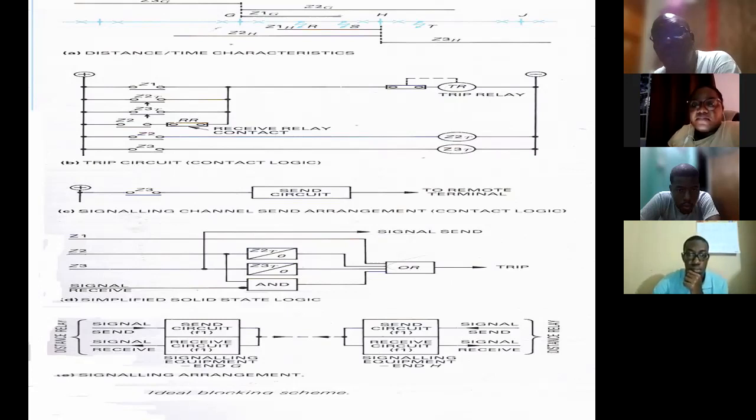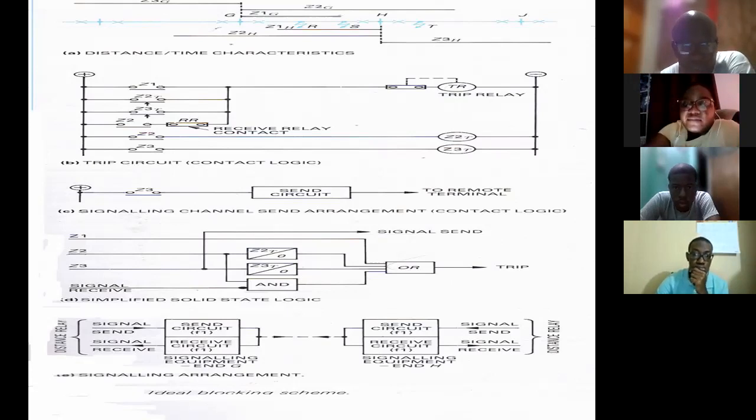But you would have received no signal. And so the normally closed receive relay contact would have remained closed. Because remember, the contacts are shown in their unenergized state.